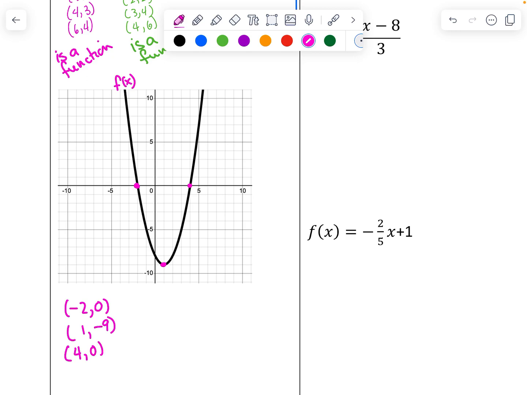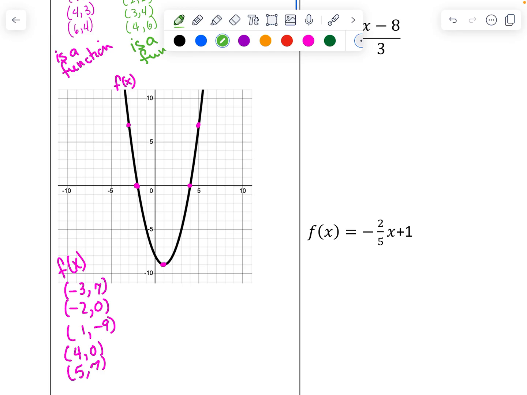And if I wanted one other nice point, perhaps this point right here, that's (5, 7). And if (5, 7) is a nice point, then perhaps this point over here would be another nice one, which would be (-3, 7). Yep. So that's the function f of x.